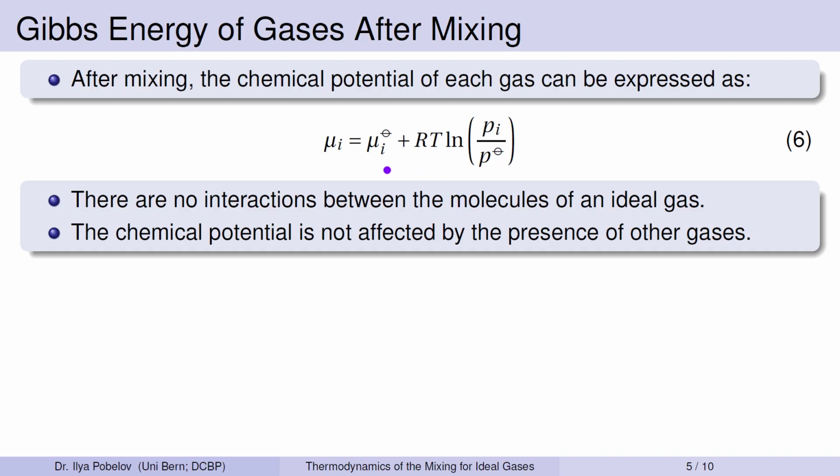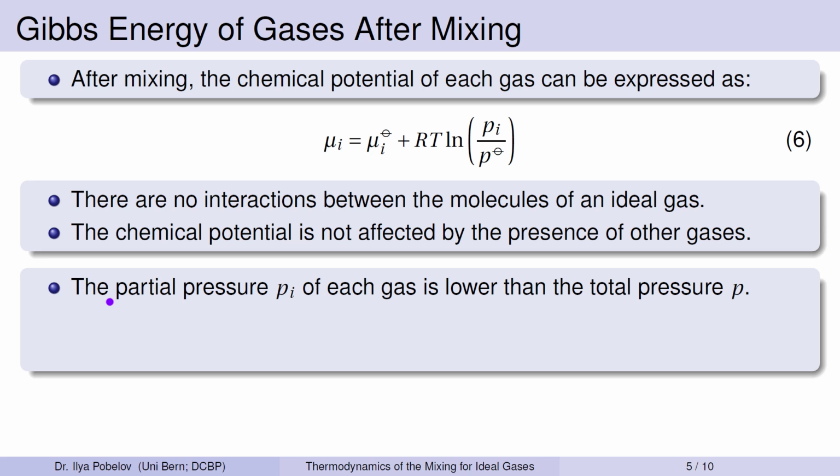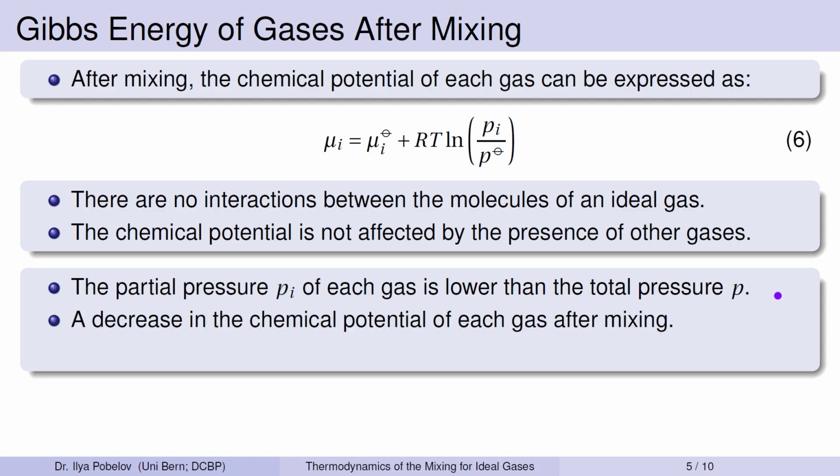The expression for the chemical potential of each gas remains the same, but now it contains its partial pressure in the combined chamber Pi. The partial pressure Pi of each gas is lower than the total pressure P, which results in a decrease in the chemical potential of each gas after mixing.